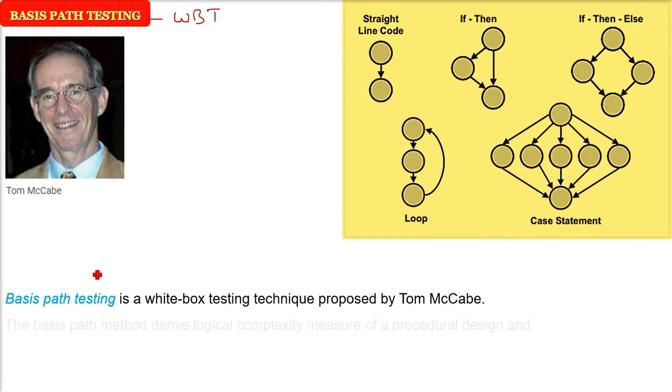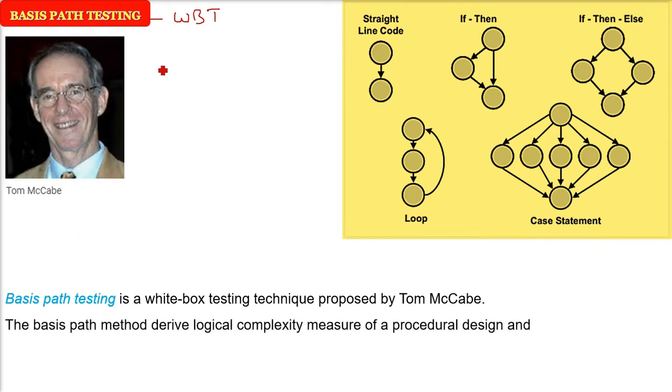So the basis path method, first of all, if you have written certain procedure or made a flow chart or made a PDL, that is an algorithm, the basis path method will derive the logical complexity measure of this procedural design, using this measure to define a basis set of execution paths, and they are nothing but the test cases.